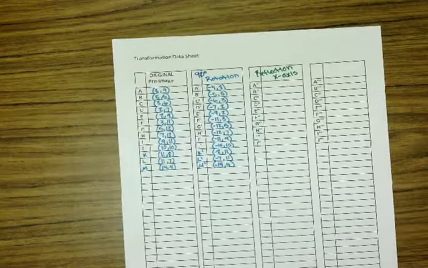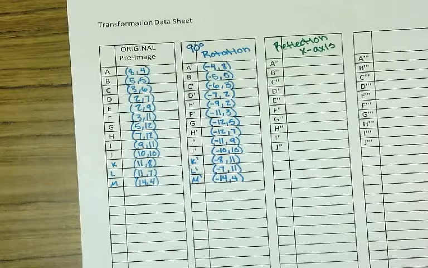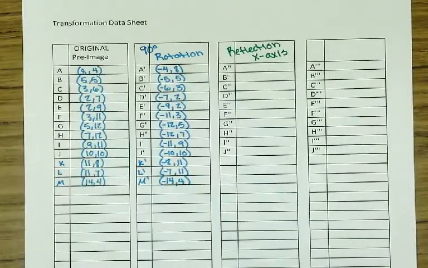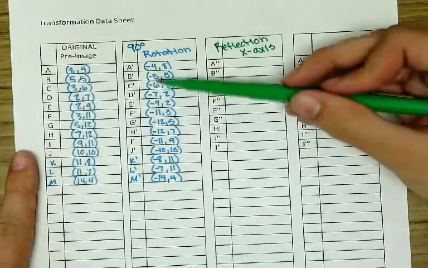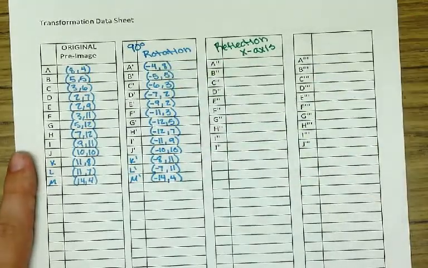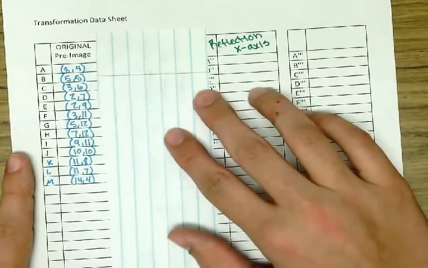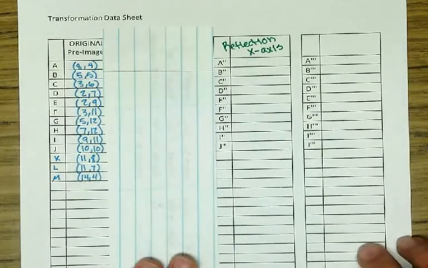Let me zoom in. We are only focused on the pre-image and the reflection. We're just going to ignore this, so I'll put a slip of paper over it. Those are the two images we're dealing with right now.